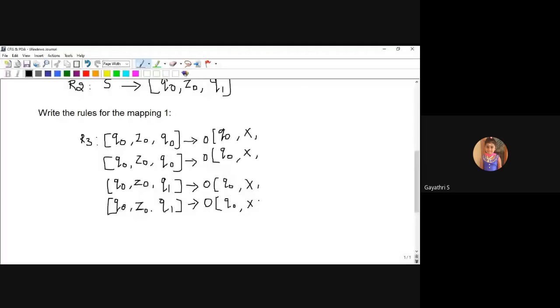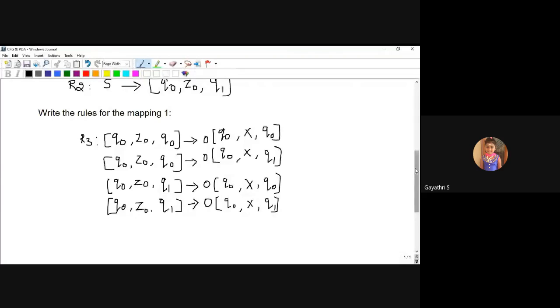I have to write q naught, then q1, then q naught, then q1. These are all the predefined rules. Production rules means you have to make triplets of this form. So alternately you include q naught, q1, q naught, q1. This is for x over.